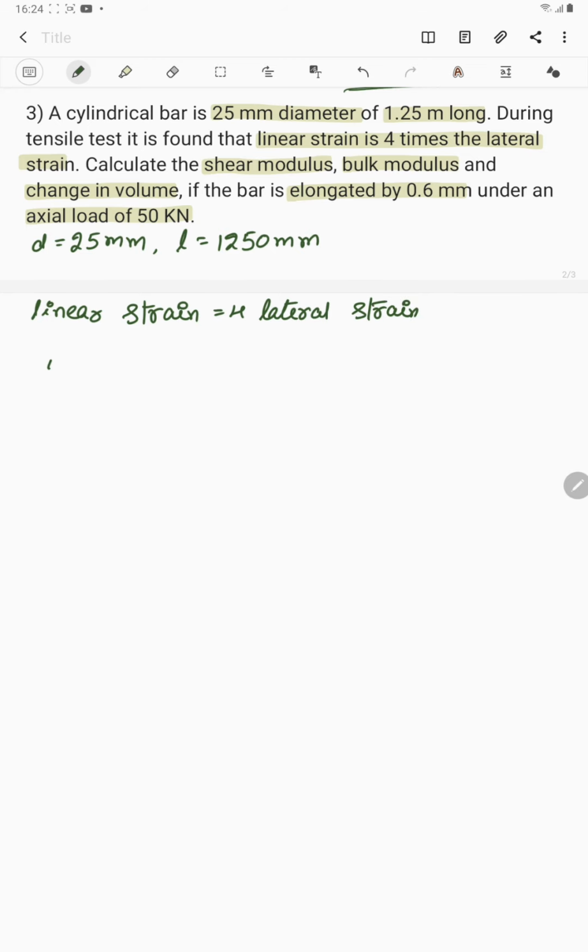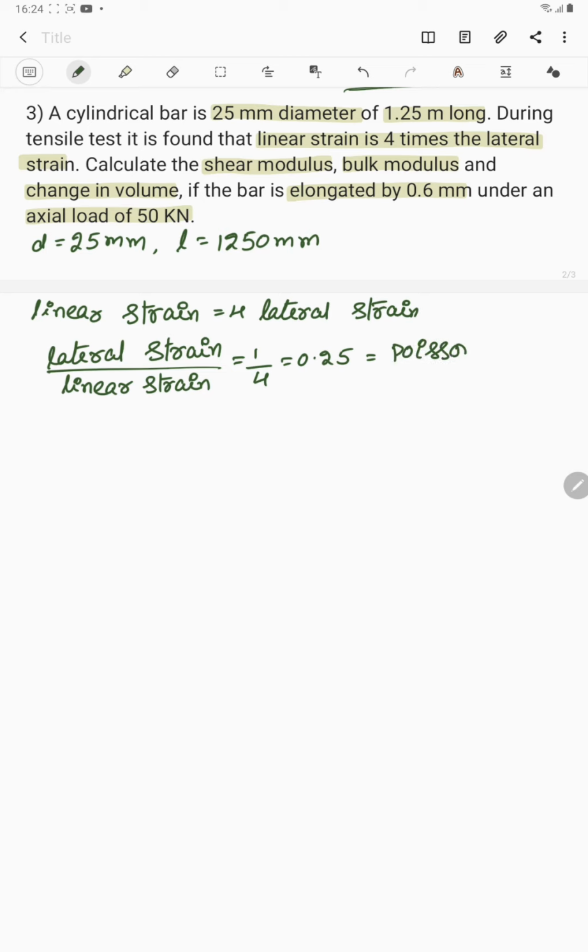From this, lateral strain by linear strain is equal to 1 by 4 equal to 0.25. That is the Poisson's ratio, denoted by 1 by m.